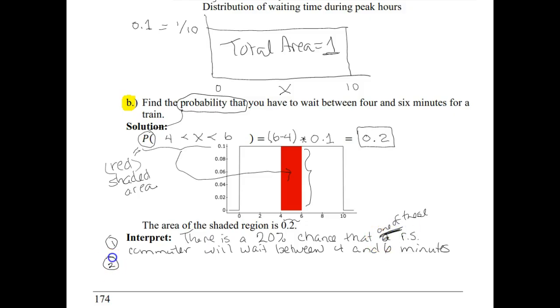The second way that we learned how to interpret probabilities at the beginning of this unit back in Chapter 4 was that percentage of all of the objects. So we can also say that 20% of all commuters will wait between 4 and 6 minutes.